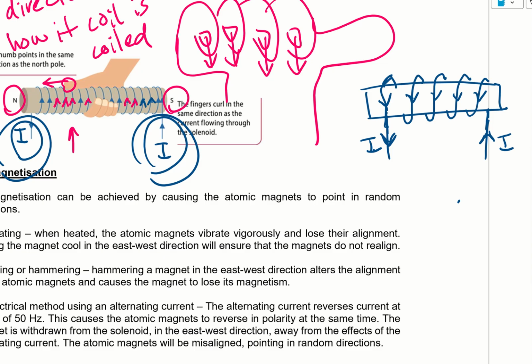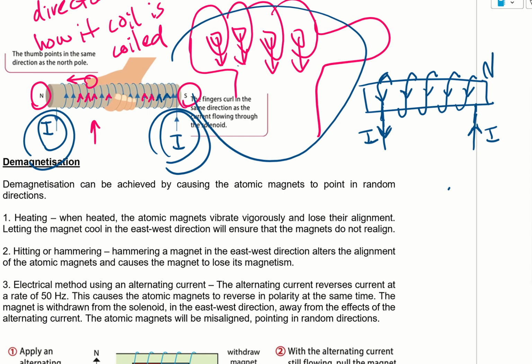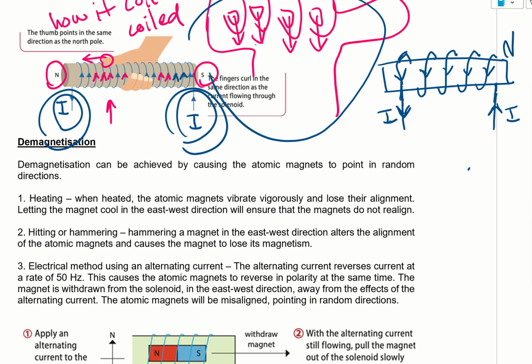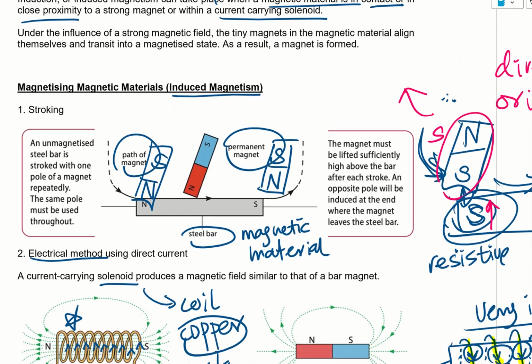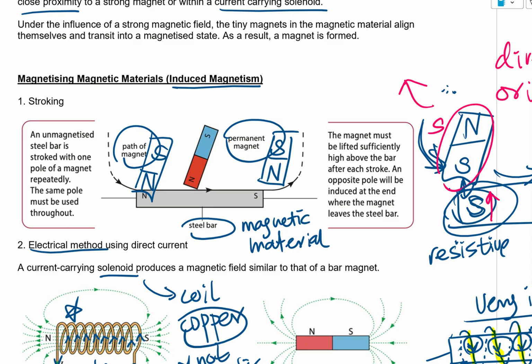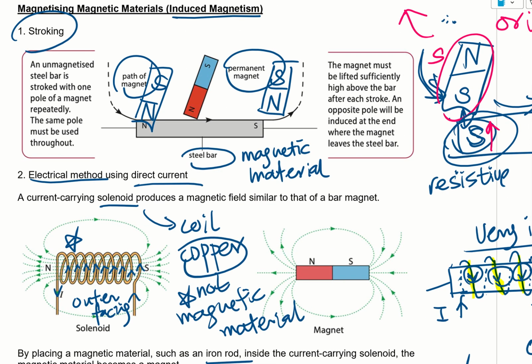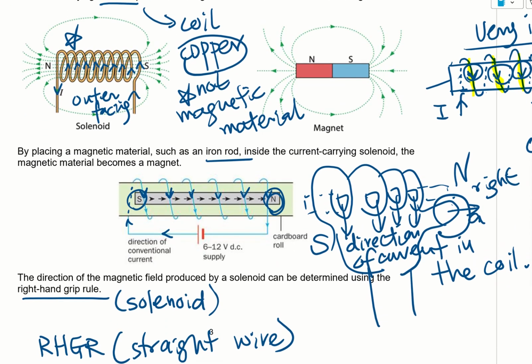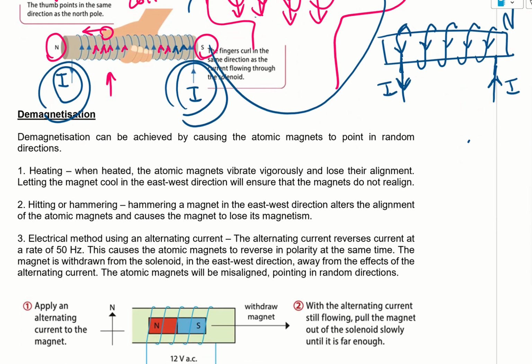So I will then need to use my right hand grip rule, and therefore my north will be here. You need to practice this, but once you get the hang of it, it is very simple. So these are the two ways of magnetizing magnetic materials: stroking, and using direct current in a solenoid. They are both very popular MCQ questions.